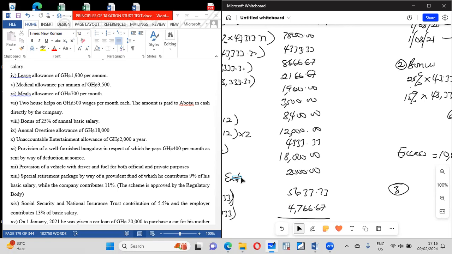You see, my calculator just short typed one of them. 5.33. Then I have 4766.67. I'm getting some interesting figure here.